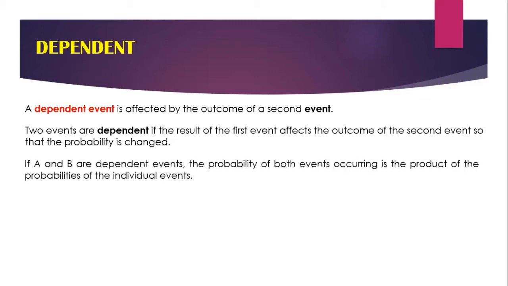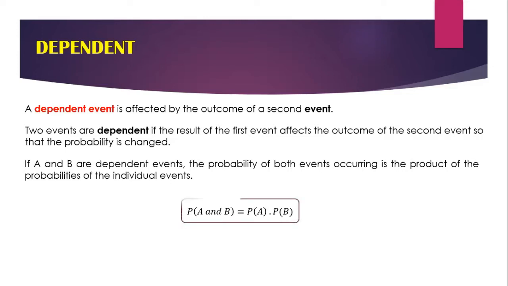If A and B are dependent events, the probability of both events occurring is the product of the probabilities of the individual events.